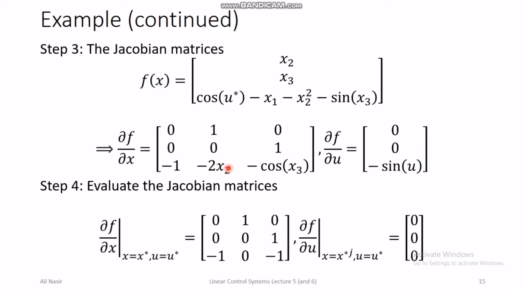So x2 has the equilibrium value of 0, so we will put 0 instead of x2 here, and x3 also has 0 equilibrium value, so cos of 0 will be 1, so minus cos of 0 will be minus 1. Similarly, for partial f by partial u, the equilibrium value of u is 0, so sine of u star, that is sine of 0, is 0, so the B matrix will be all zeros in this case.